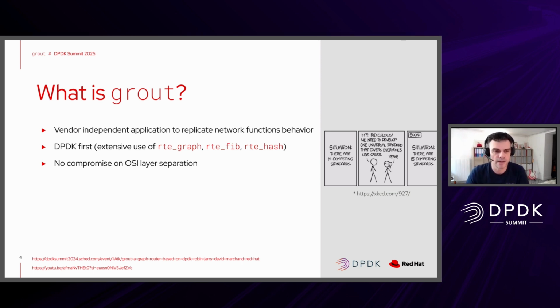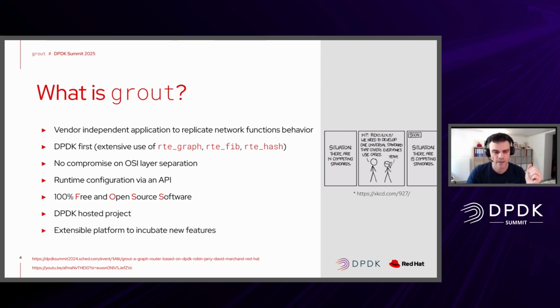You have an API with a Unix socket where you can exchange messages in order to program and configure Grout. Obviously, it's completely open source, and as I said, it's a hosted project.